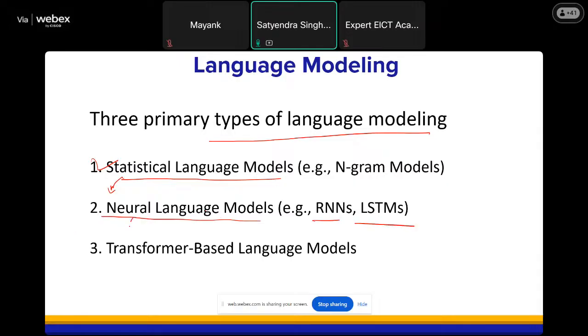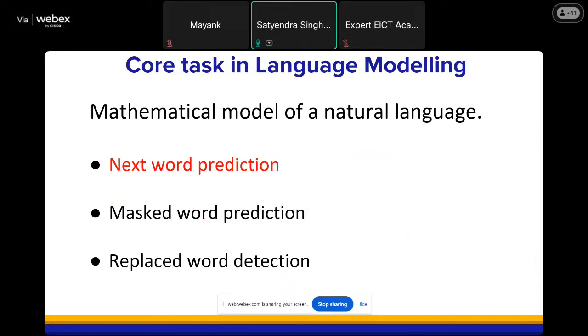And later, with recent advancement, transformer based models came up, and all those GPTs and LLMs that you see and use nowadays are based on the transformer based model. And all those models are basically built on three tasks: next word prediction, masked word prediction, and replaced word detection. So how are they trained?